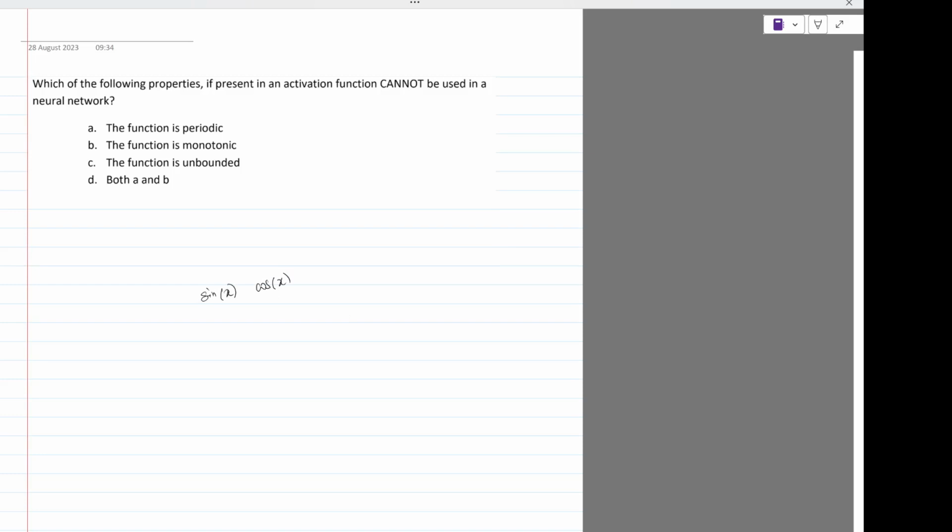This is a periodic function. And what happens in sin x is you have something like this, right? Oh, sorry. It is like this. So this is sin x.